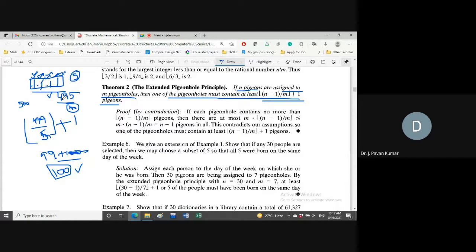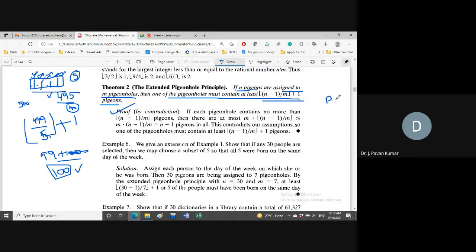So it is a contradiction. This can be proved like this, by proof by contradiction. One of the methods of proof is proof by contradiction. That is, we assume something and arrive at a contradiction. Then we can claim that whatever statement we have taken is false.